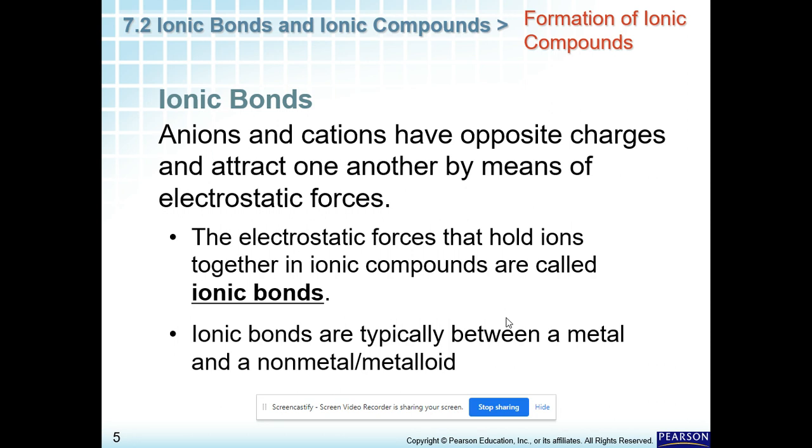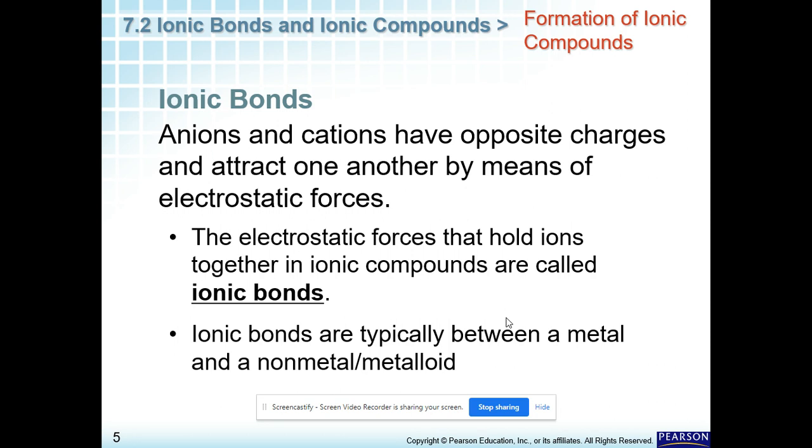So what holds ionic compounds together? The anions and cations, because they have these opposite charges, they love to attract. Hopefully you think back to integrated science: opposites attract, like charges repel. So this positive and negative attract each other in something called an electrostatic force.